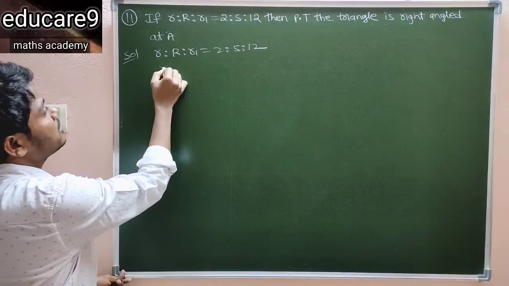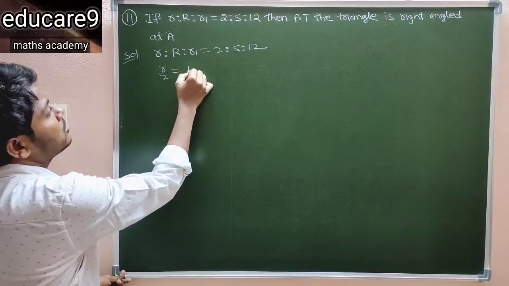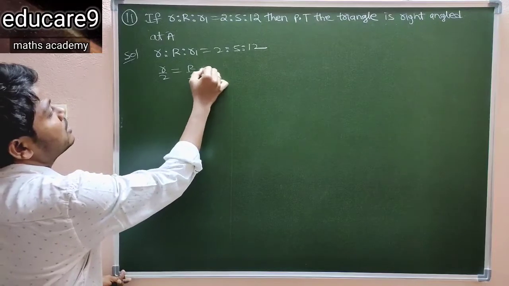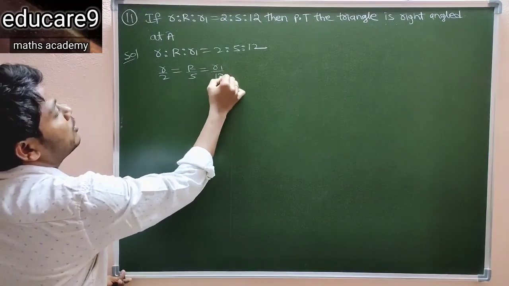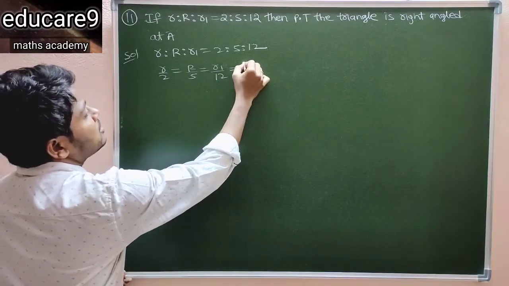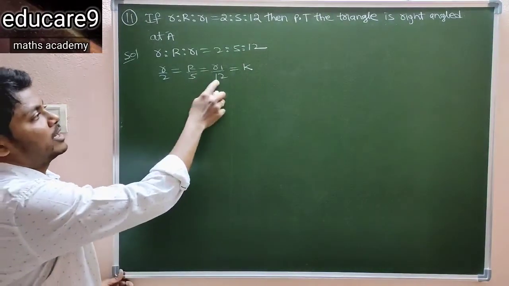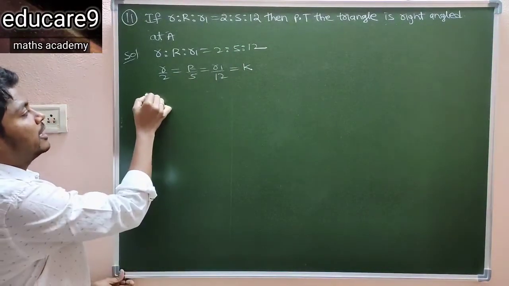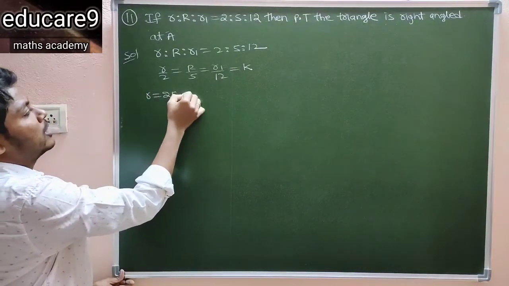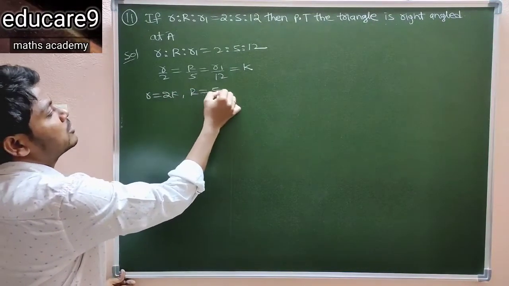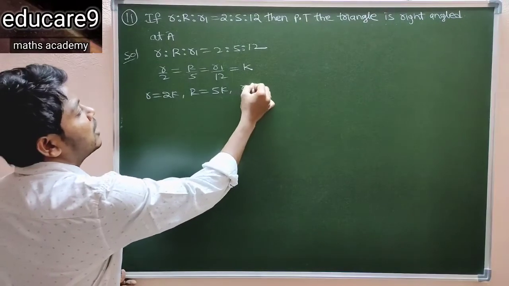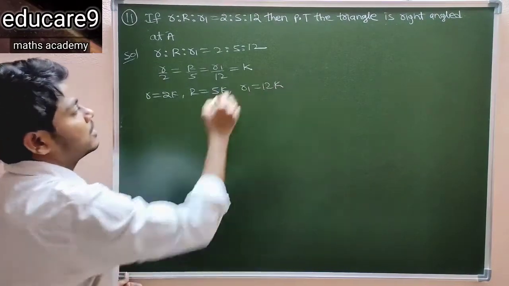So here this is r by 2 is equals to capital R by 5 is equals to r1 by 12 is equal to some k. Consider this all values are equal to k. So clear, therefore r is equals to 2k, capital R is equals to 5k. So small r1 is equals to 12k.